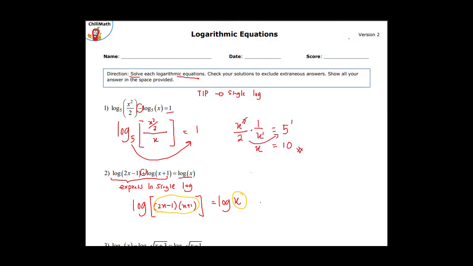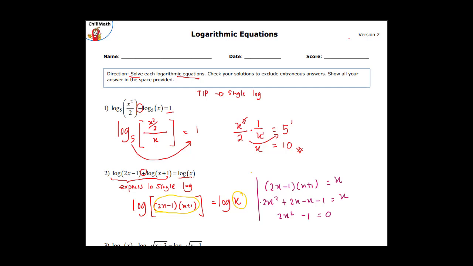Okay, therefore in this case you will obtain a quadratic equals to x. So expand it as usual. From here, obviously, you will get 2x squared minus 1 equals 0.